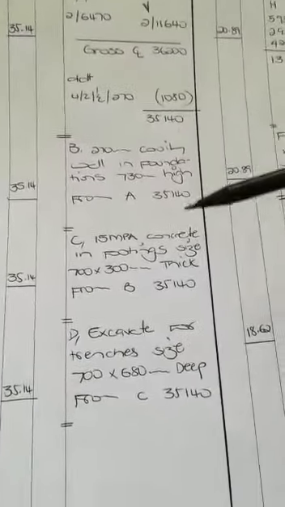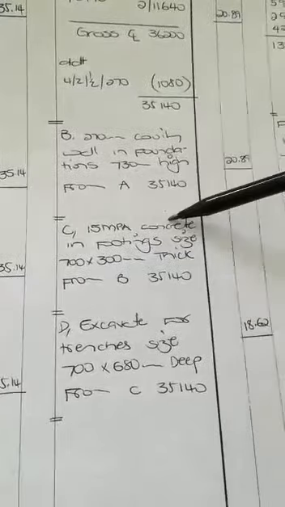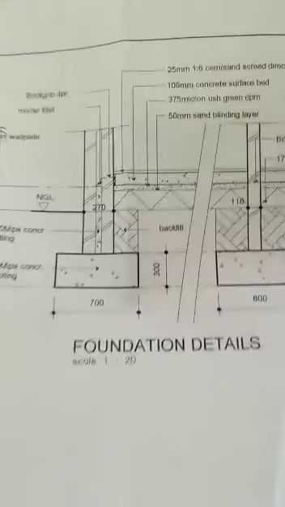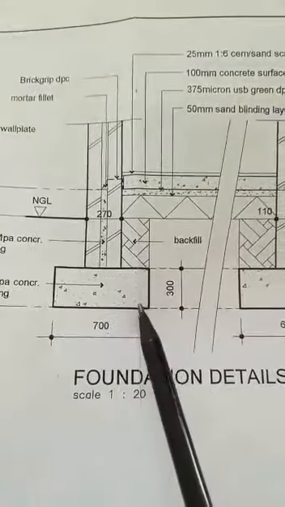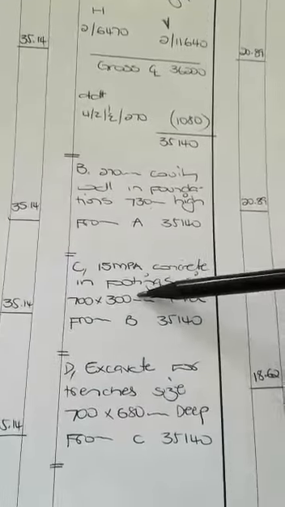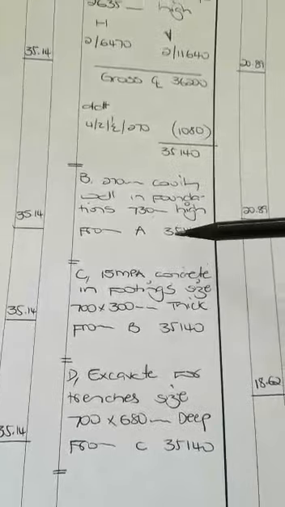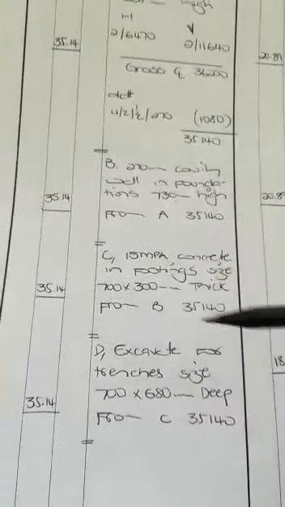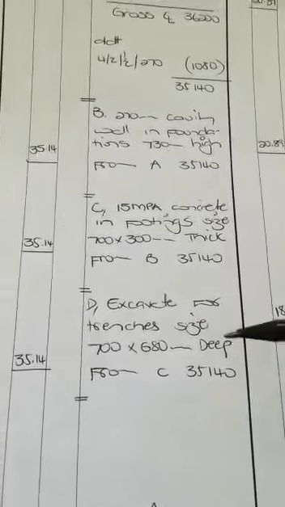Then we move on to our 15 concrete in footing. Again, we go and check the width of our concrete is 700, the height of our concrete is 300. So those are the dimensions that I have there. Then remember, from B, I have my center line, which I then transfer to that. And then I excavate for trenches.